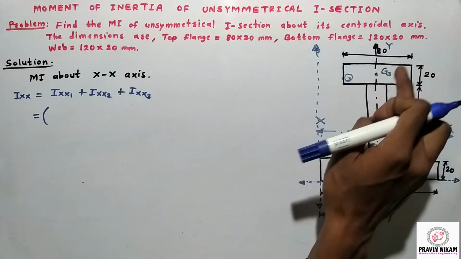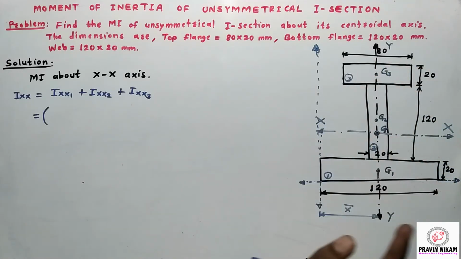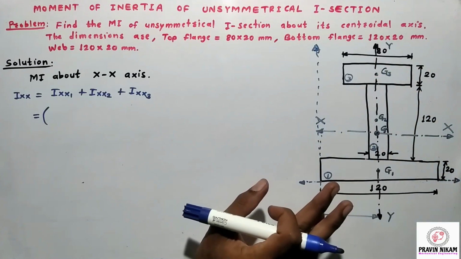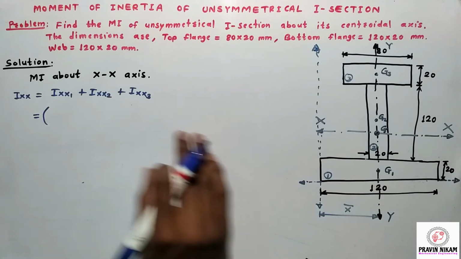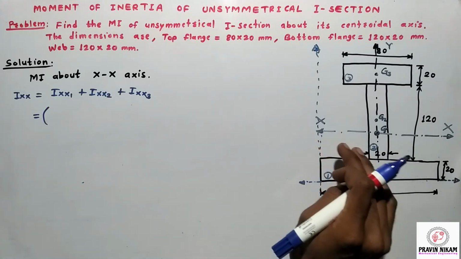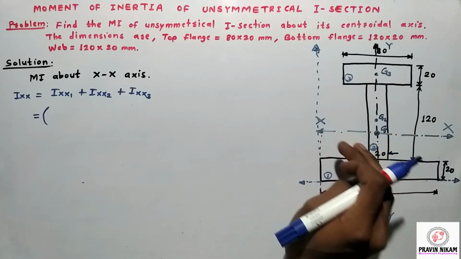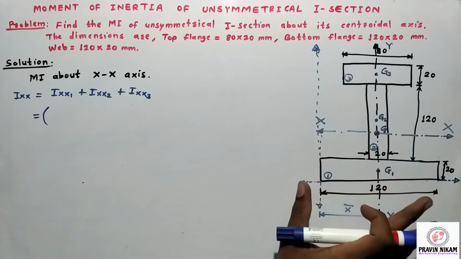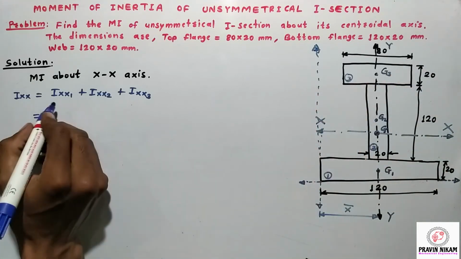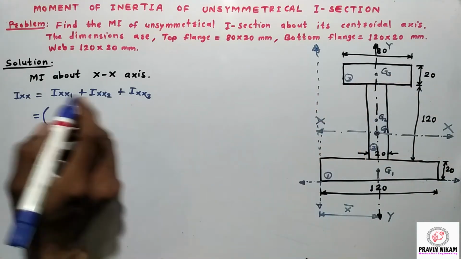Also for section 3, G3 is here and G is here, so use the parallel axis theorem. As we have to find the moment of inertia about the horizontal x-axis, use Ixx for all sections. What is Ixx for a rectangular section?